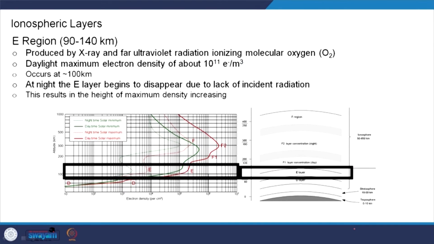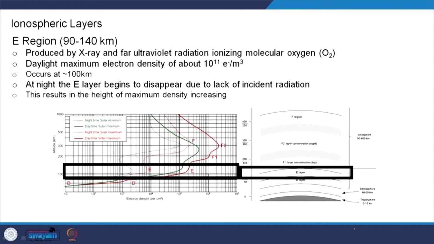Then the E layer. So, the E layer is the region of the ionosphere that is above the D layer and below the F1 layer. This layer is mainly produced by X-rays and far ultraviolet radiation ionizing the molecular oxygen. In the D layer it was the hydrogen Lyman alpha which ionizes the nitric oxide and produces electron density of the order of 10 to the power of 8, 10 to the power of 9 or 10 to the power of 10 per meter cube.